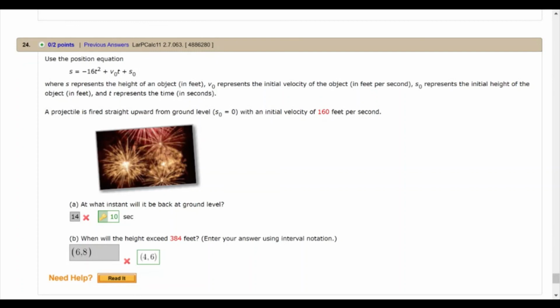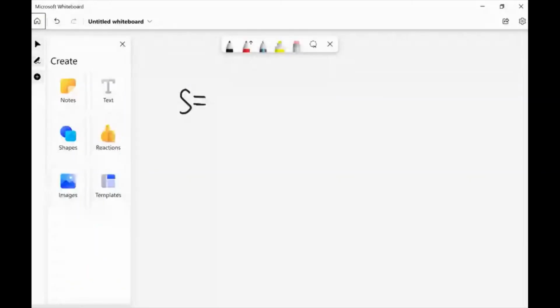All right, so the original is S equals what again? What's the original equation? Do you have it written down anywhere? So it's S equals negative 16 t squared plus v naught t plus s naught.